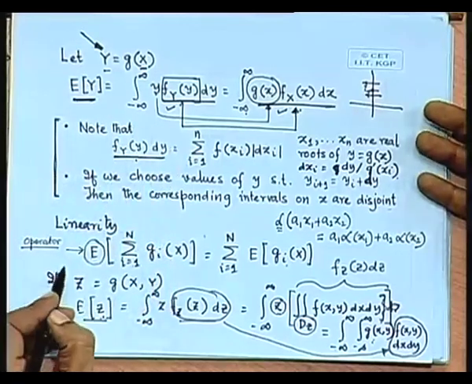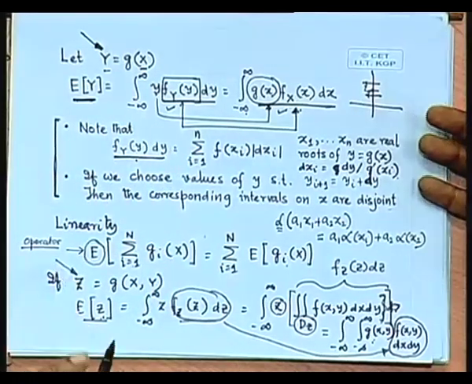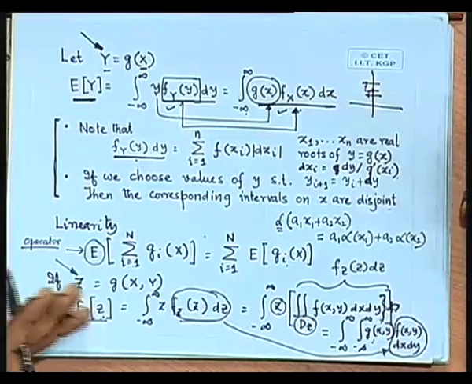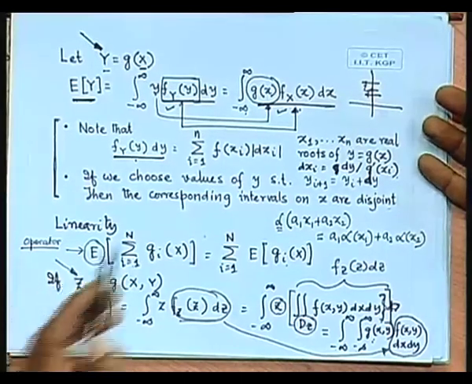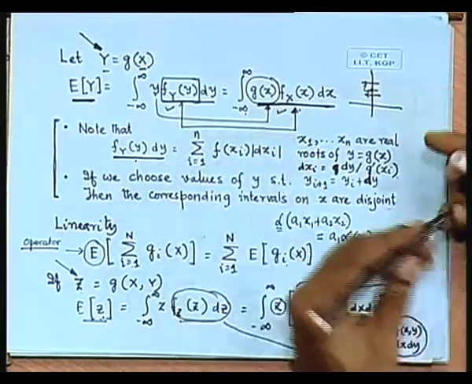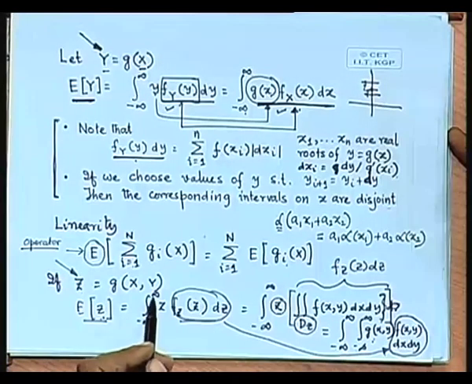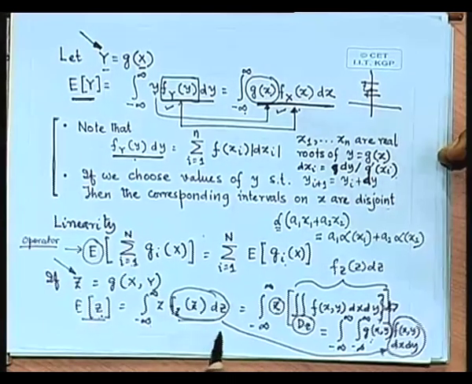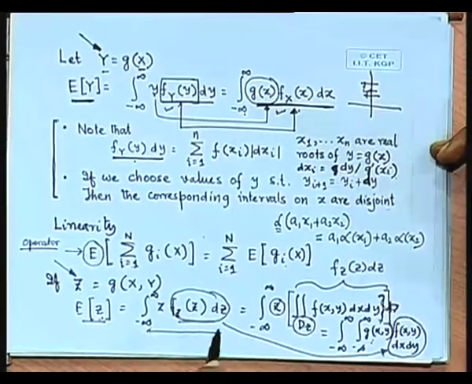Now we are considering a function in two dimensions, so z = g(x, y). We will do exactly the same, except that previously we took the integral over the x axis. Now we have to take an integral over a region, because we have a two dimensional space over which z takes values. So the basic defining integral is the same: minus infinity to infinity of z f_Z(z) dz. That is the basic definition of an expectation operator.